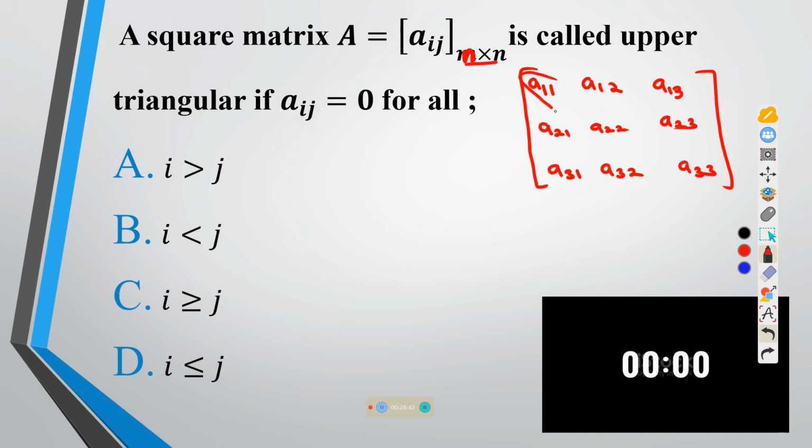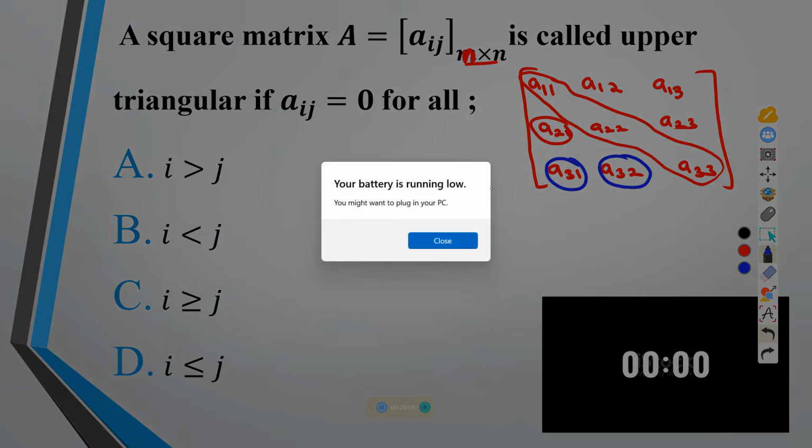So this is our main diagonal. The entries below this main diagonal must be zeros.